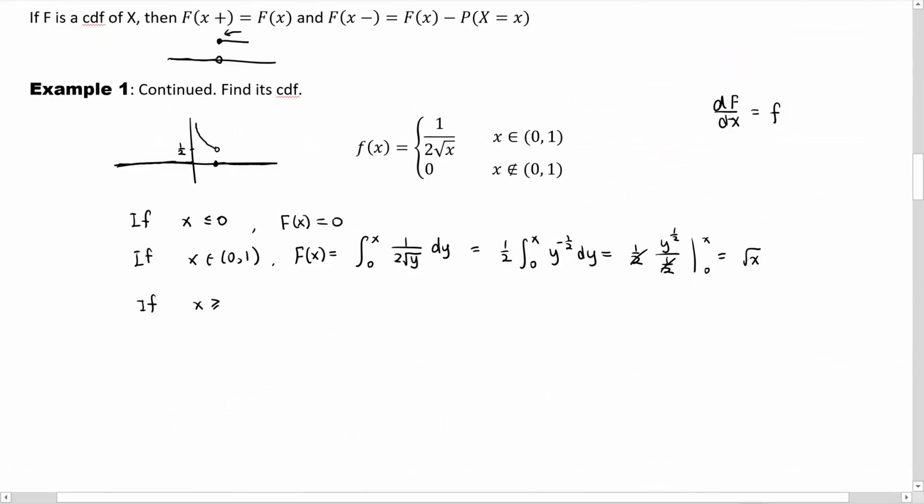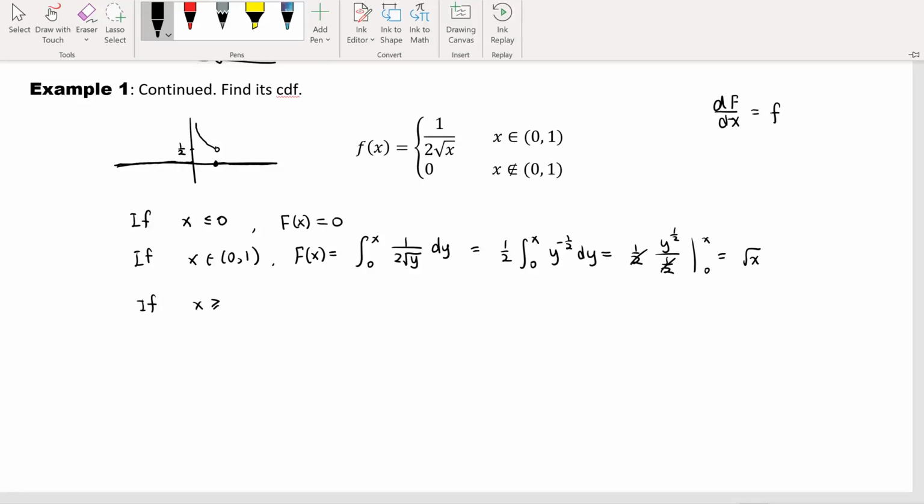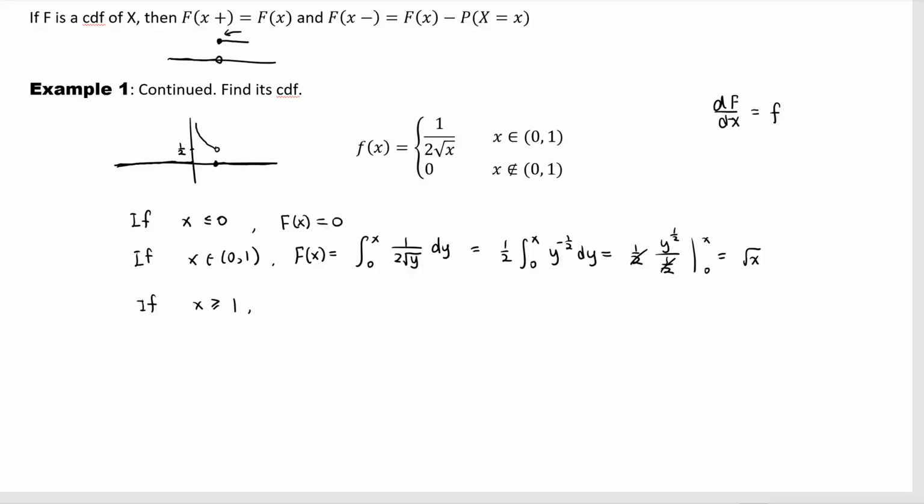So when x is greater than or equal to 1, what happened? You can see F of x, when you plug in 1 in the square root of x, it becomes 1. But after 1, your PDF is 0, so you're not adding anything to it.